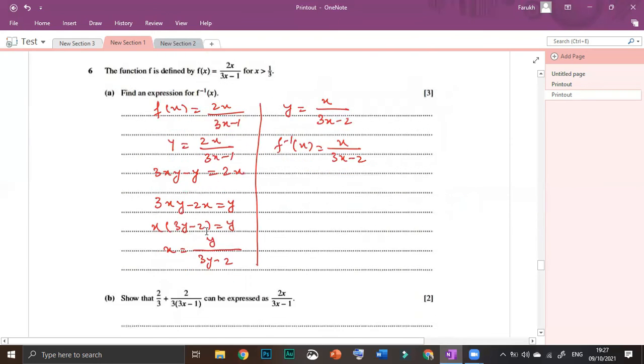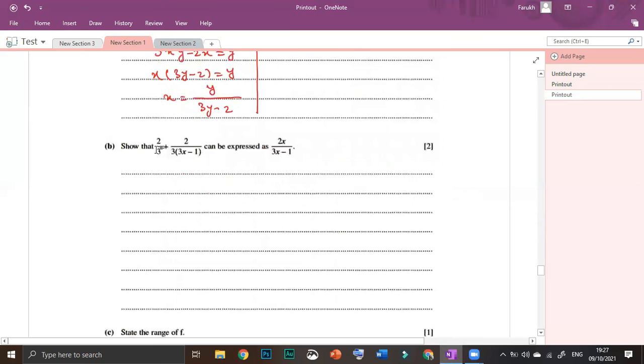Now, the second part is show that this expression 2 over 3 plus 2 over 3 bracket open 3x minus 1 can be expressed as 2x over 3x minus 1. This one is very simple.